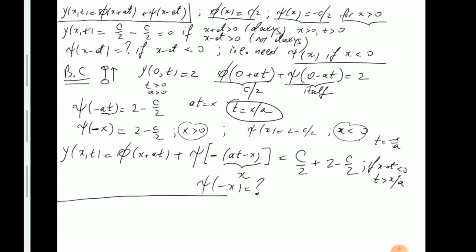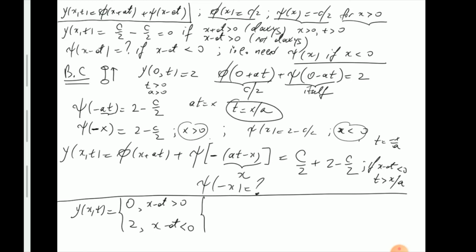So when we put everything together, the general solution of the PDE, of the boundary value problem, is 0 if x minus at is positive, and 2 if x minus at is negative.